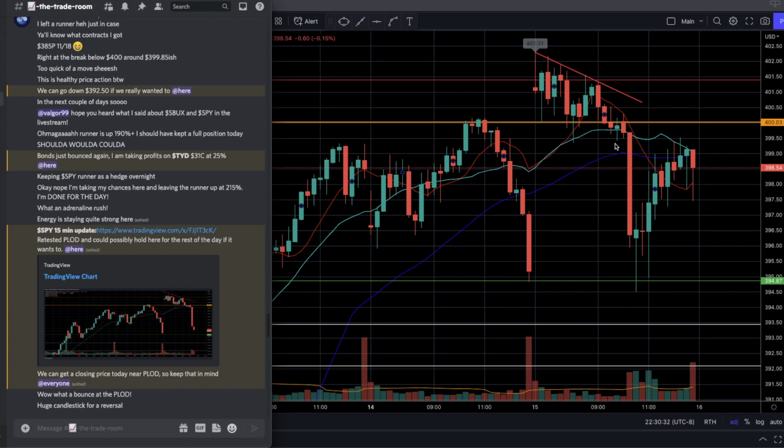And I was able to get that 215% return because of the bond markets telling me that there could be a larger flush on SPY below 400, and also thanks to the catalyst that we had of Russia and Poland. But obviously my condolences to the 2 Poland citizens that were killed in that missile strike.